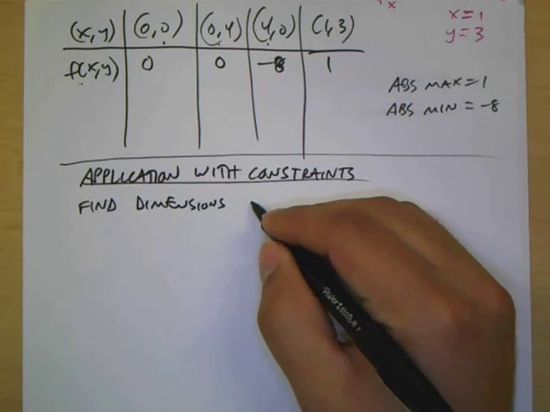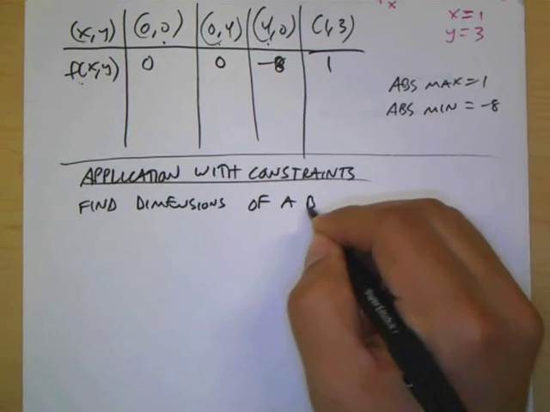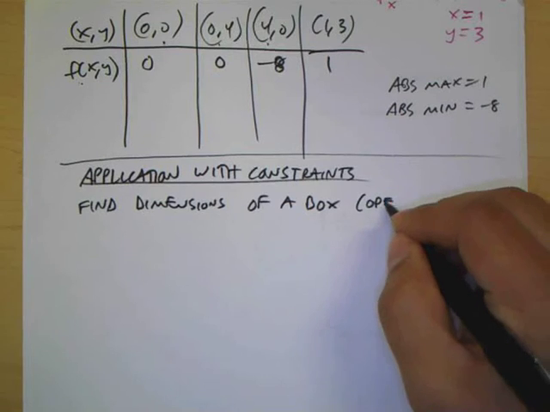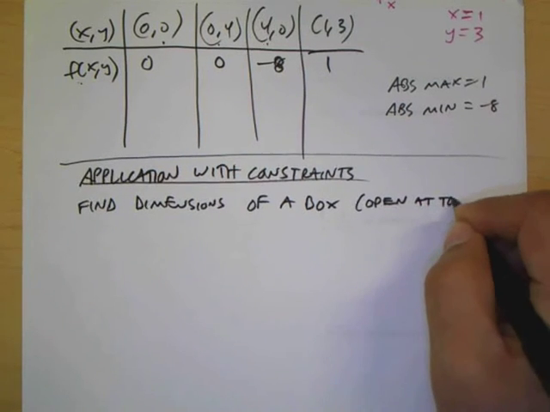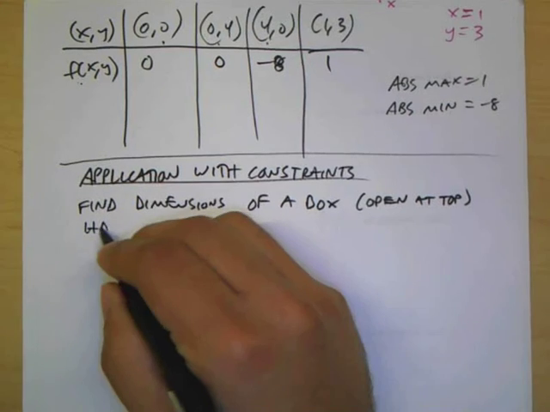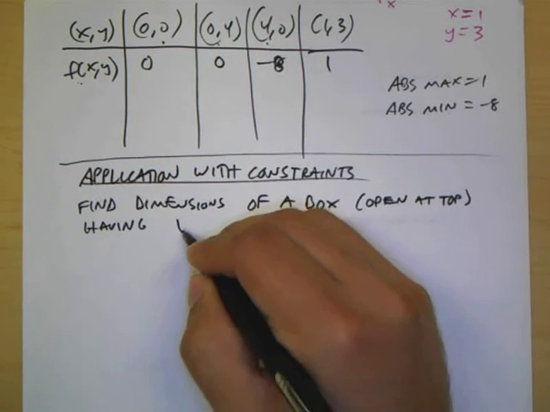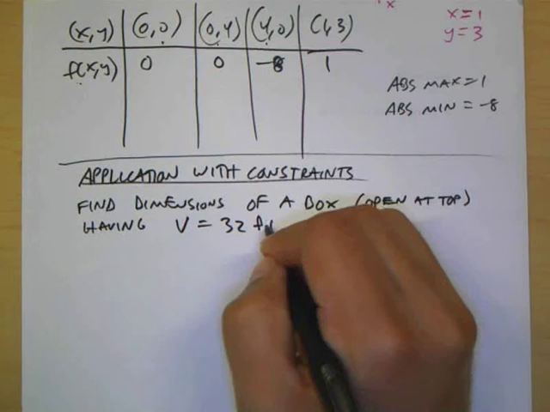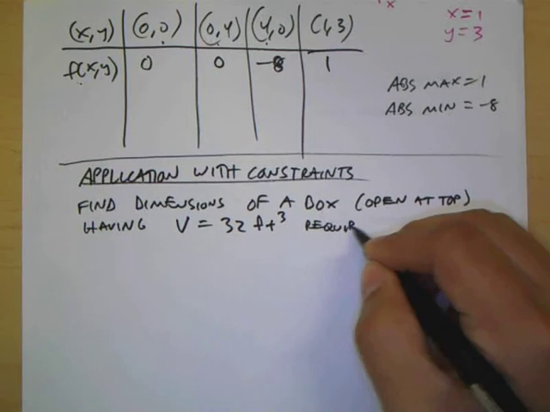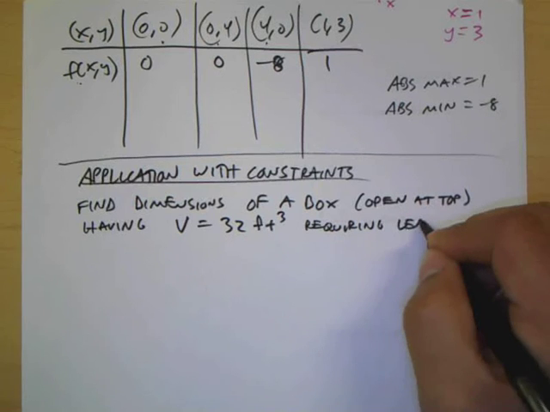Okay, find the dimensions of a box open at the top, having volume equal to 32 feet cubed, requiring the least amount of material.